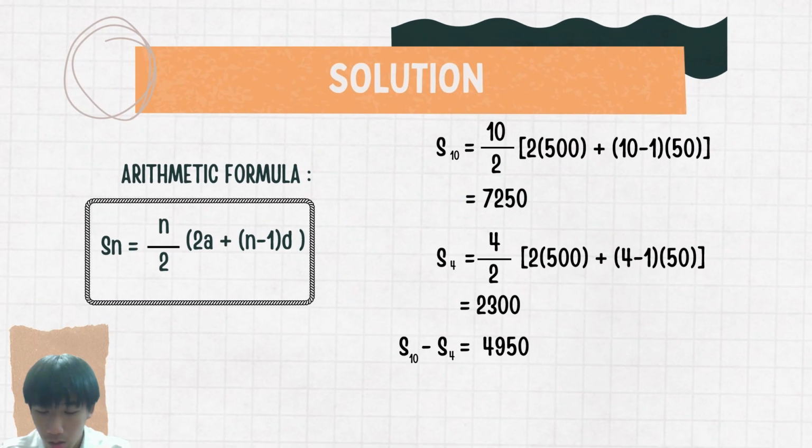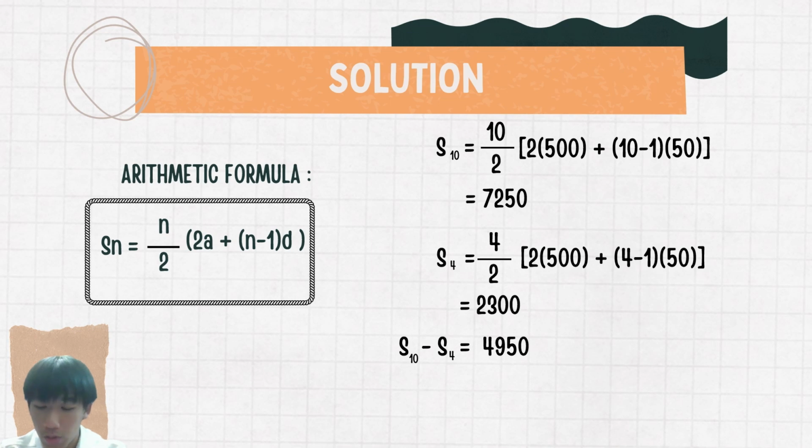The second solution I got is to use the sum formula for the arithmetic sequence, which is n over 2 times 2a, where a is the first term, plus n minus 1 times d. So we substitute the 10th term, so n becomes 10, the first term is still the same, 500, and the common difference is also still the same, 50.